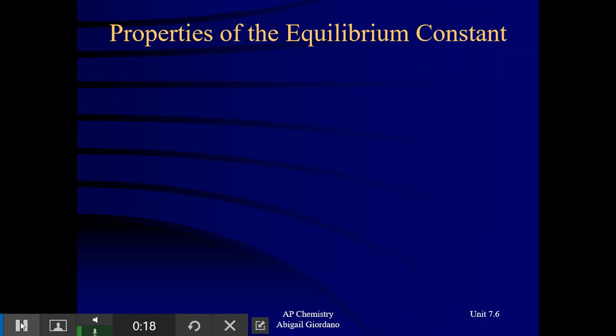I want you guys to think back to our last unit, Unit 6, and the very last subunit in Unit 6, which was all about something called Hess's Law. If you remember, Hess's Law problems involved being given a series of elementary step reactions, and your job was to rearrange those equations so that when they added together, they equaled the overall reaction we were given.